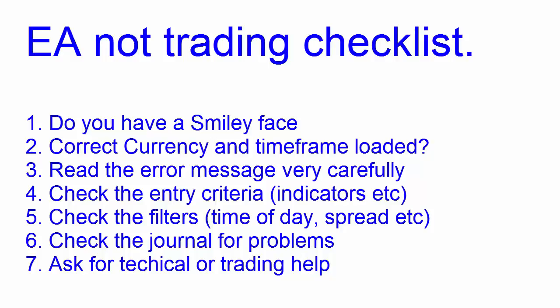Or if you need an explanation of the journal, also contact EA Factory to resolve that. EA Factory supports this EA from a technical point of view. So if you suspect anything technically wrong with the EA, then contact them. If you suspect something of a trading nature is wrong, then contact Expert Forex. That's how our EAs are supported.